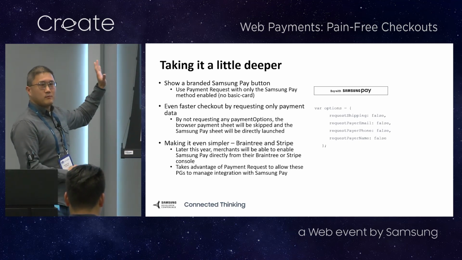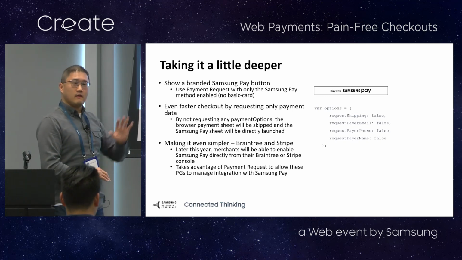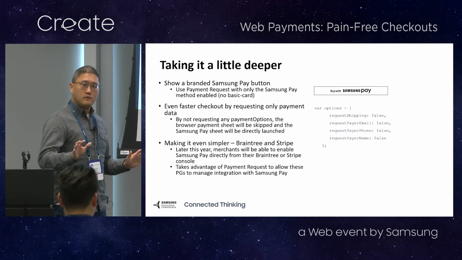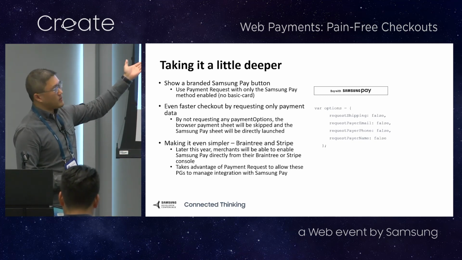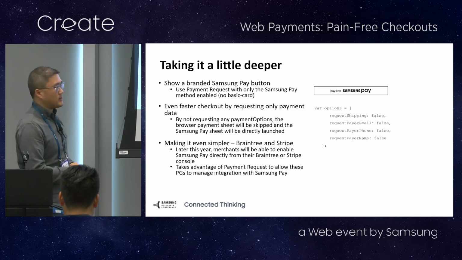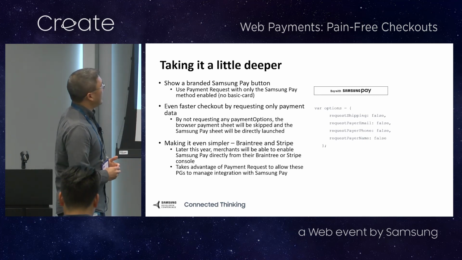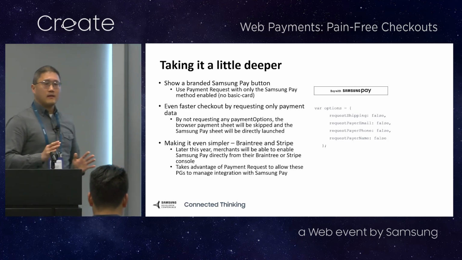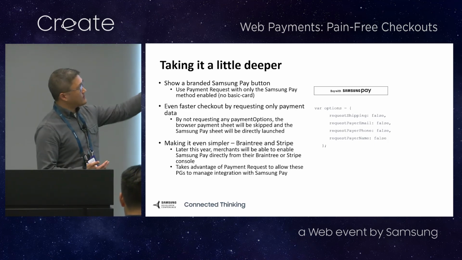There's even a variation within that. You can actually skip the browser payment sheet and go directly from button click to the Samsung Pay payment sheet if you don't require any data within payment options. Dongwoo talked about payment options. This is where you can request things like payer email or payer phone. Just for example, let's say your site requires login to complete a checkout, so you already have this data. Then you can set these to false.